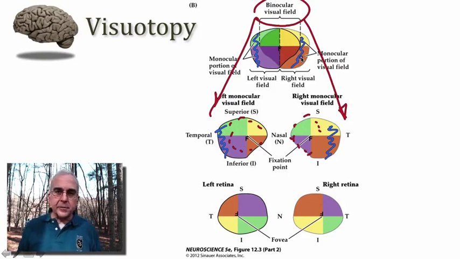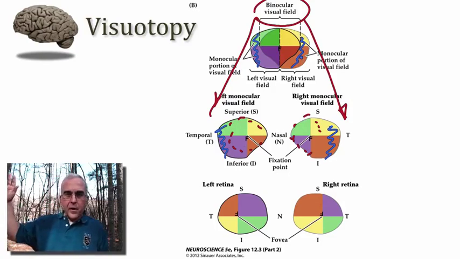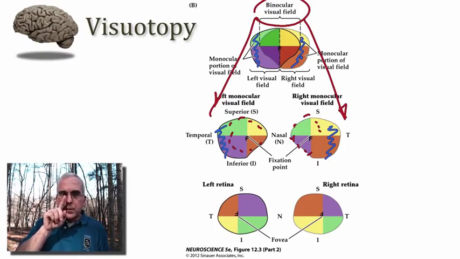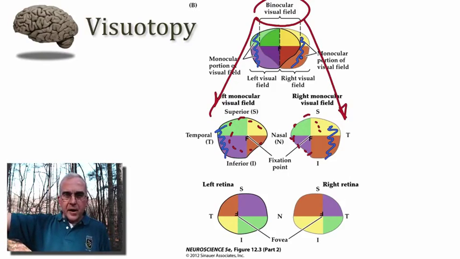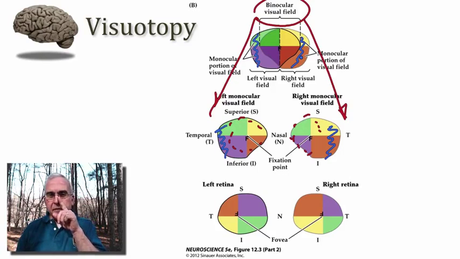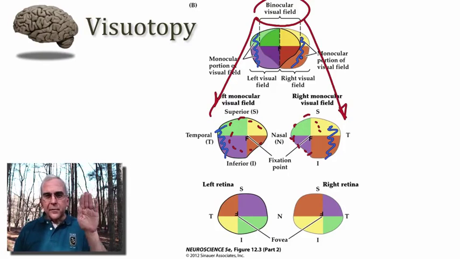And that makes good sense because what we're talking about is the far periphery of our visual world. And that far periphery is seen by the nasal region of the retina. So my right nasal, toward the nose margin of the retina, is the only part of my visual sensory apparatus that can see far right in my visual field. And likewise, the nasal part of the retina of my left eye is the only part of my visual apparatus that can see to the far left.